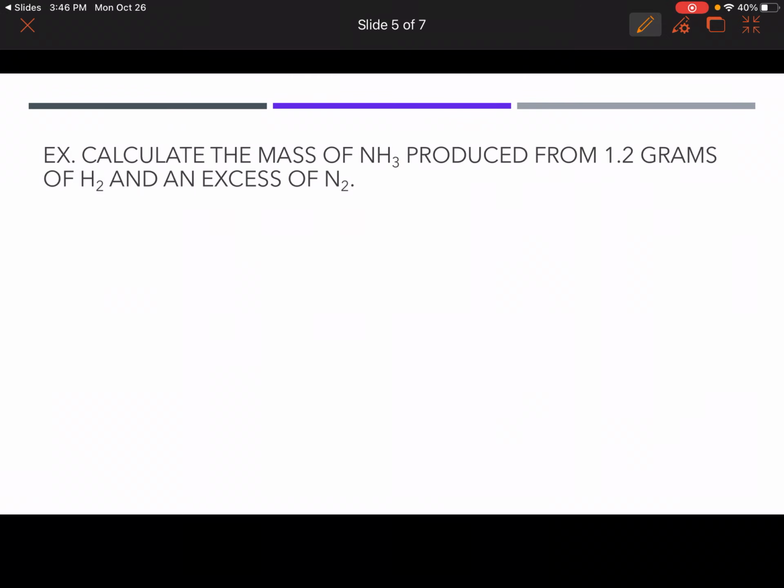Next one, calculate the mass of NH3 produced from 1.2 grams of H2 in an excess of N2. So we're going to have our H2 plus N2 becoming NH3. First of all I'm going to balance it. So I'm going to need a 2 here and a 3 here.